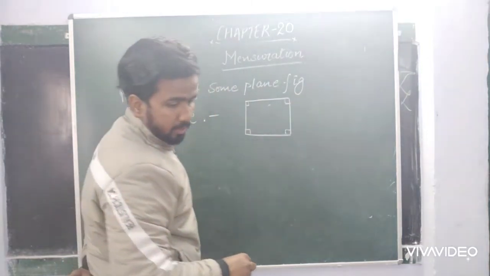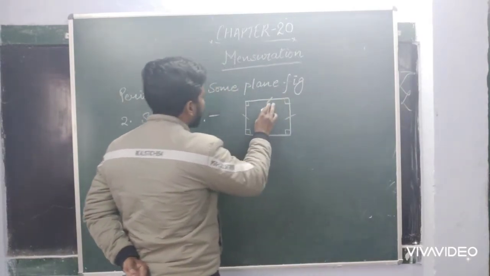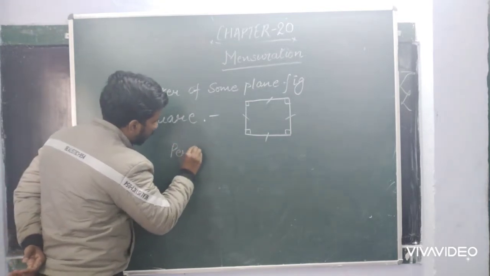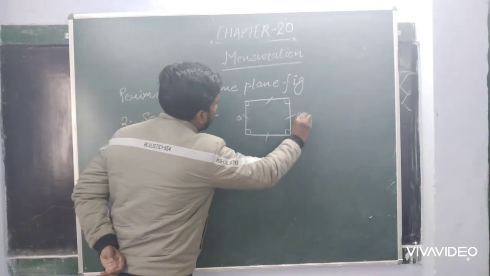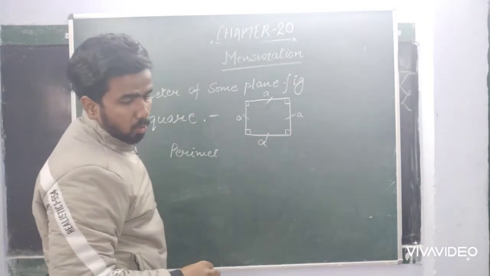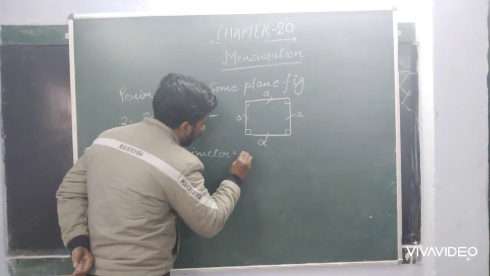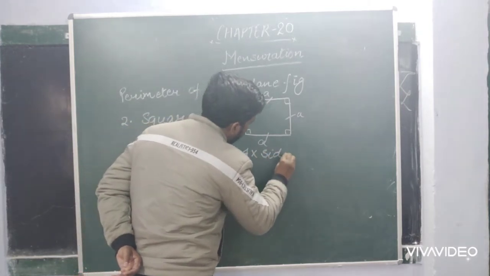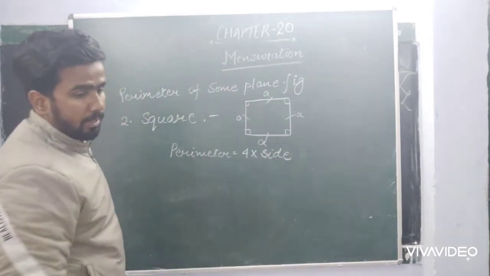Okay, it is like this. So the formula for this is perimeter. So this will be A, and A. Clear? Because all sides are equal, perimeter will be equal to 4 into side. Clear? 4 sides are given, so 4 into side.